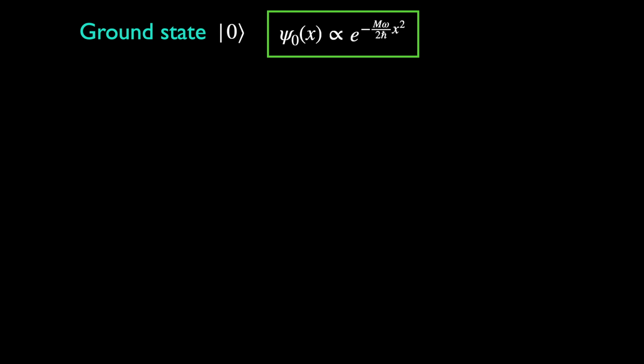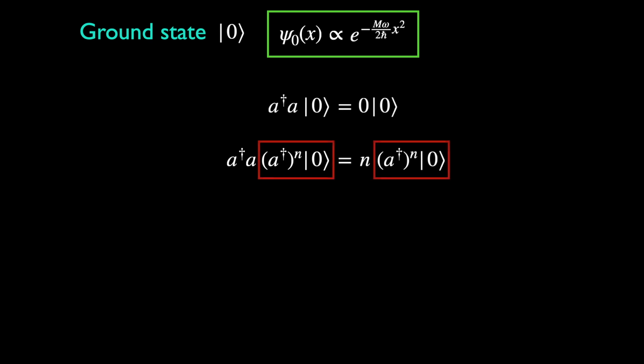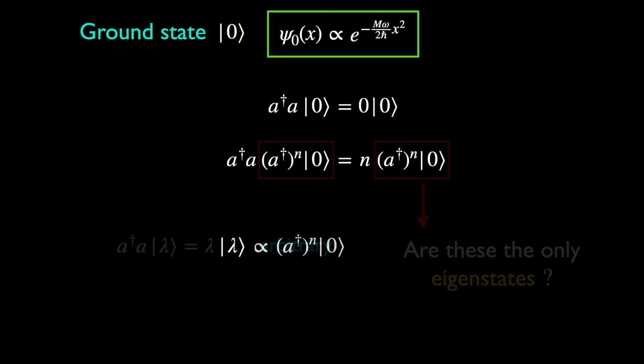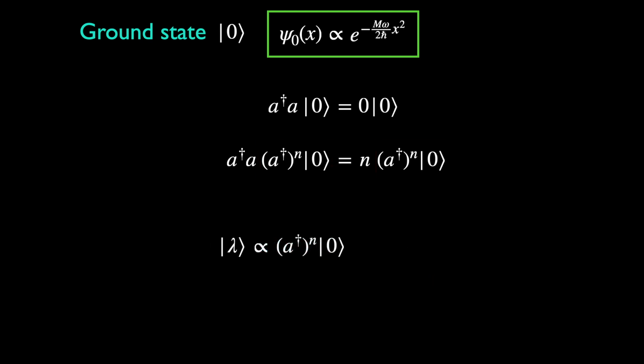We will now show that the tower of states, consisting of applying the raising operator any number of times to the unique ground state, gives us the entire set of eigenvectors of the number operator. That is, any arbitrary eigenstate lambda of the number operator can be expressed by the following for some power n.